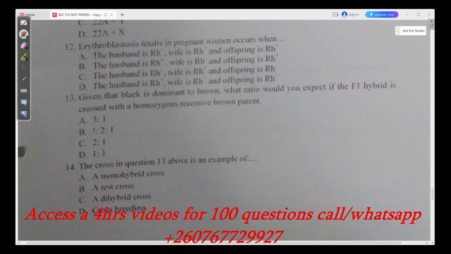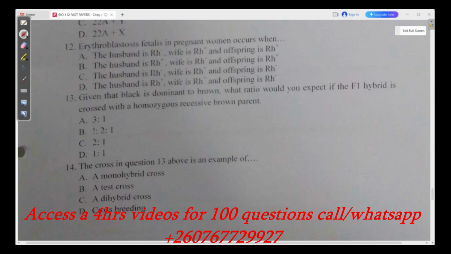Then 12. Erythroblastosis fetalis in pregnant women occurs when. So this is a hemolytic disease of a newborn, erythroblastosis fetalis. This one has to do with the rhesus factor. So what happens?